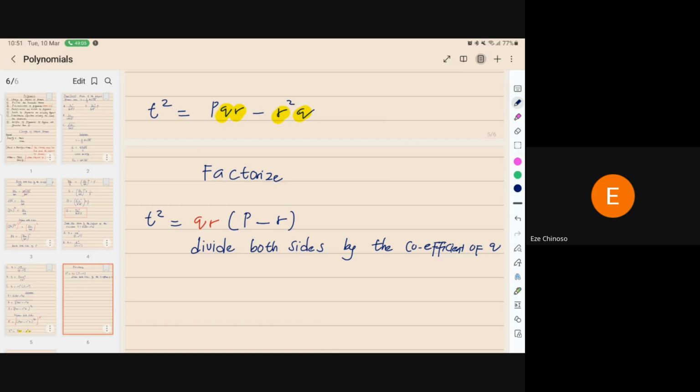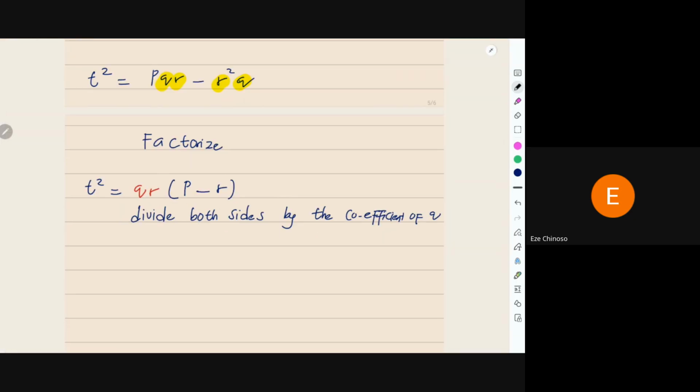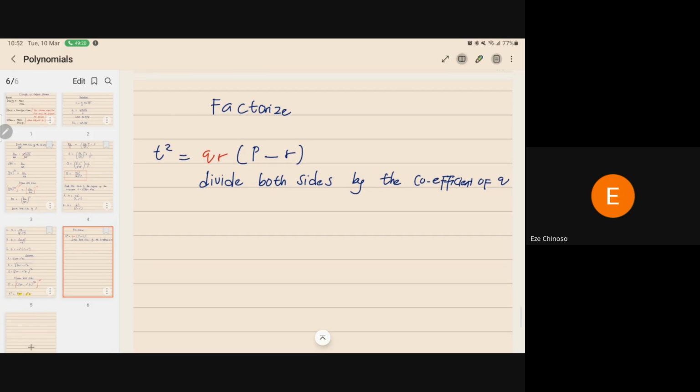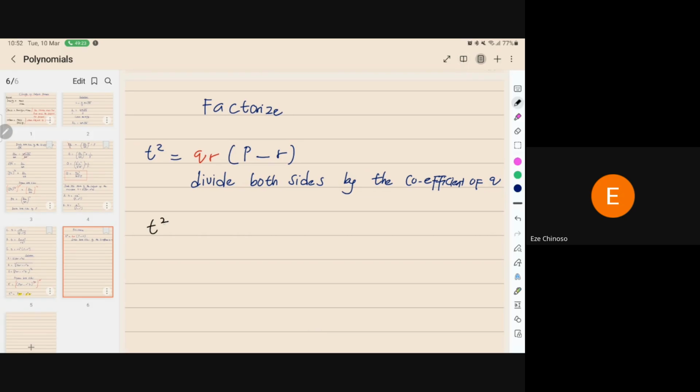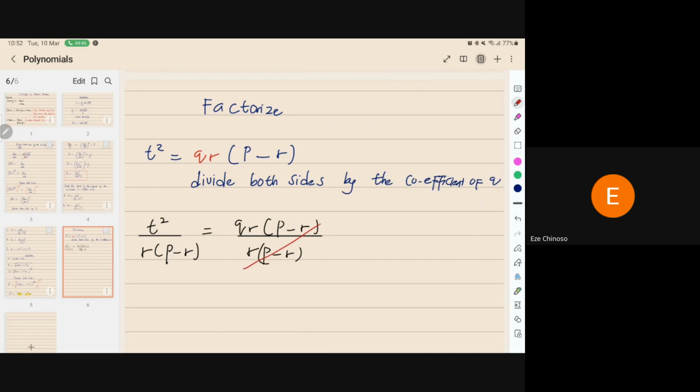So that means that we should have this at this point. Sorry guys, we are going to have T squared divided by R times P minus R is equal to, I still have my Q, and I have P minus R divided by R times P minus R. So that said, the whole of this can go.